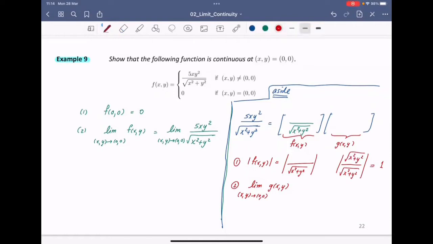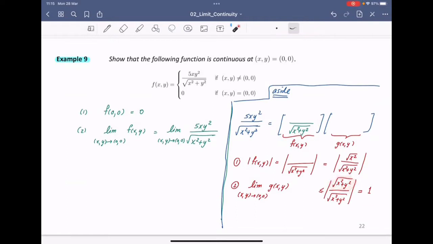And if you think this should be something bigger than, okay, I need more space. Sorry, I'm going to go down over there. So on the bottom I have x squared plus y squared.